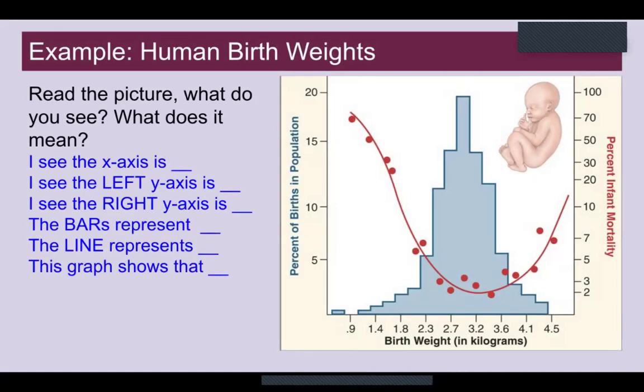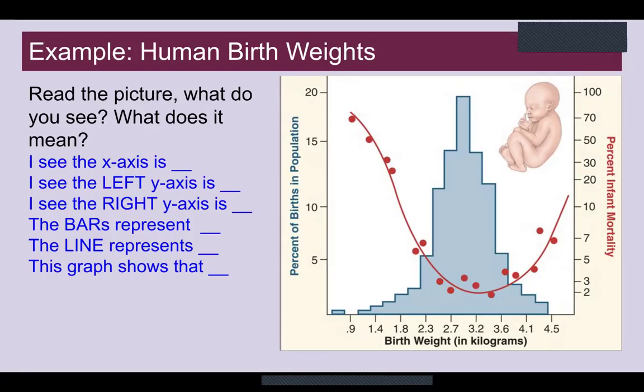So, the example that was kind of hinted at in the video is human birth weight. I want you to read this picture and answer the questions that I'm about to ask. What is on the x-axis? What is represented on the x-axis?